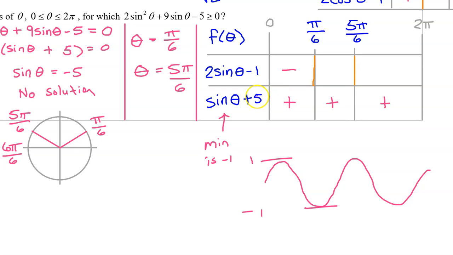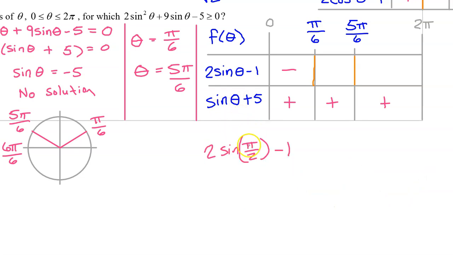On the next interval between pi over 6 and 5 pi over 6, pi over 2 falls right in the middle. So let's use pi over 2 as a test value. If we plug that in, we'd have 2 sine pi over 2 minus 1. Sine is the y value, and the y value would be 1 at pi over 2.